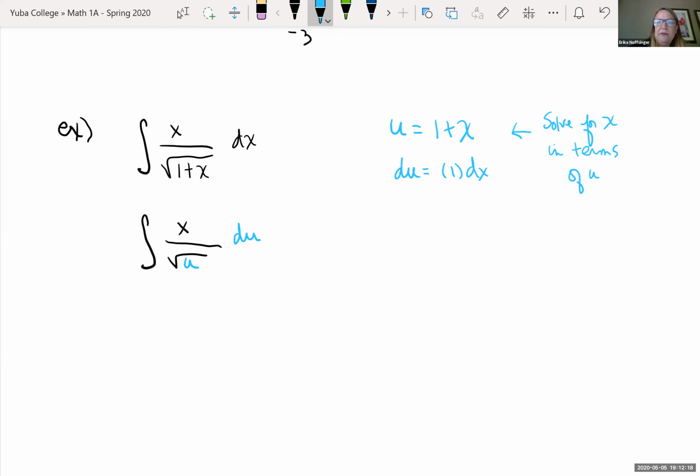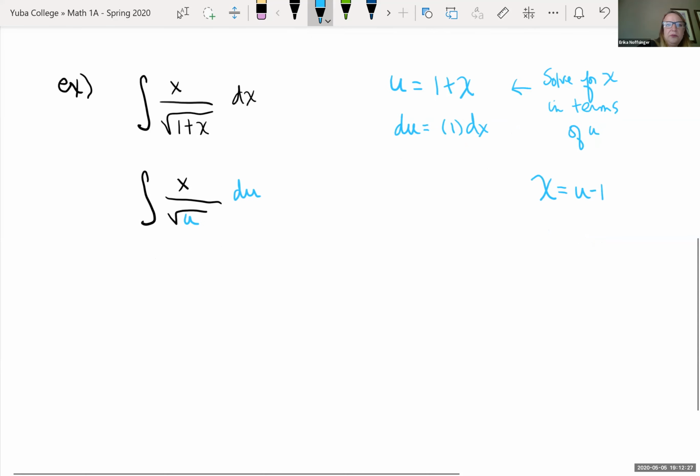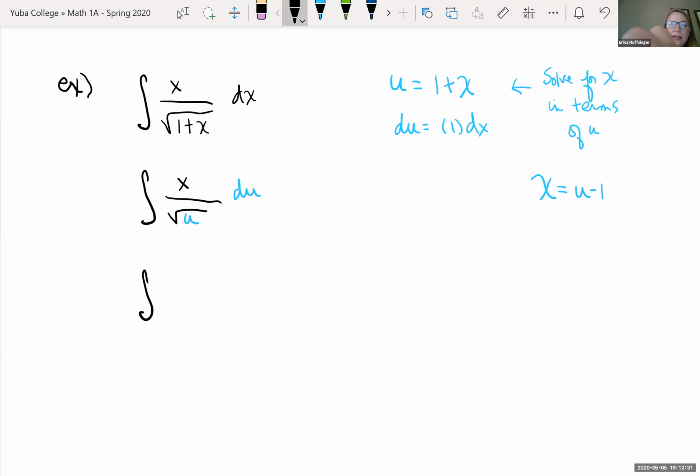So to do that, we're going to get x equals u minus 1. Okay, so let's rewrite this. This is now the square root of x, but x is u minus 1, all over, I think it will be helpful if we rewrite this as u to the 1/2 power, du.